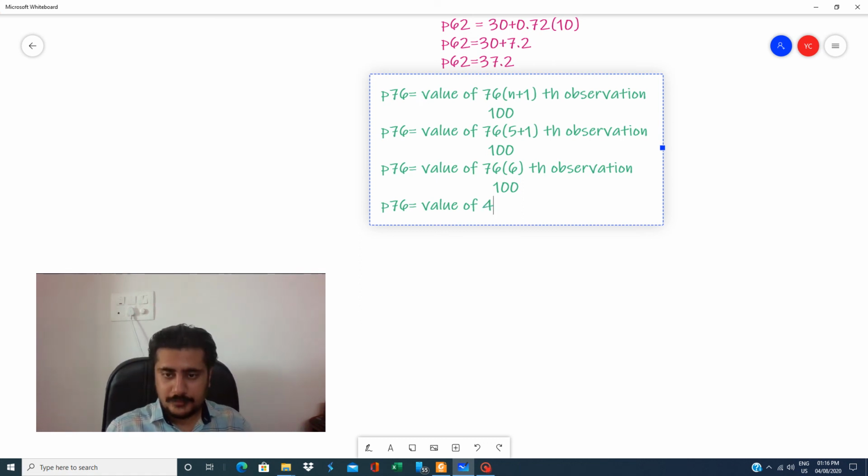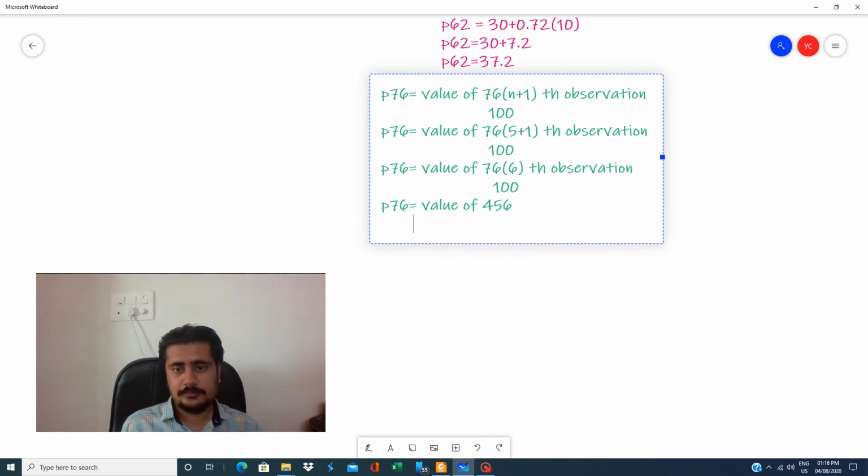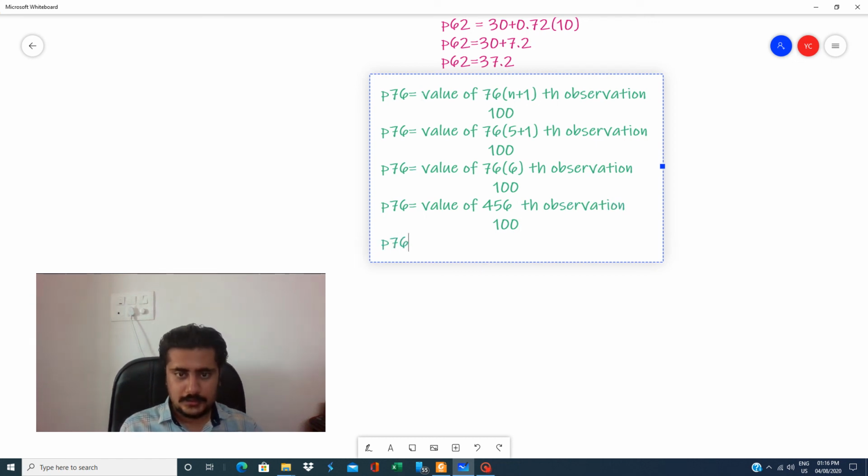Now what is this 76 into 6? It's 456 upon 100th observation. So P76 is equal to value of 4.56 observation.